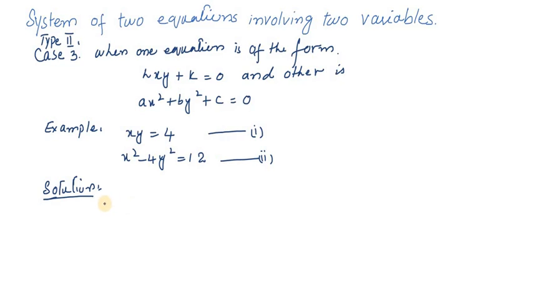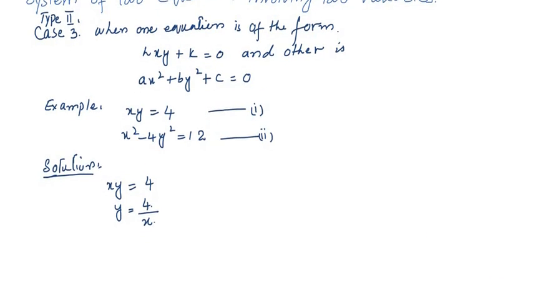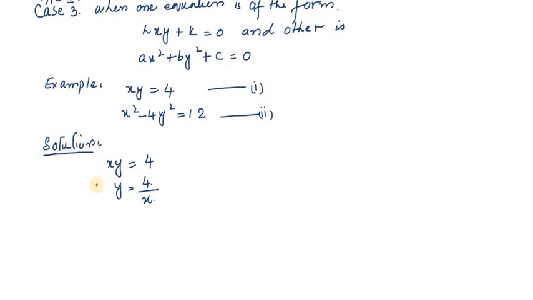So, equation number 1 implies xy is equal to 4. The value of y will be 4 upon x. We put this value in equation number 2.